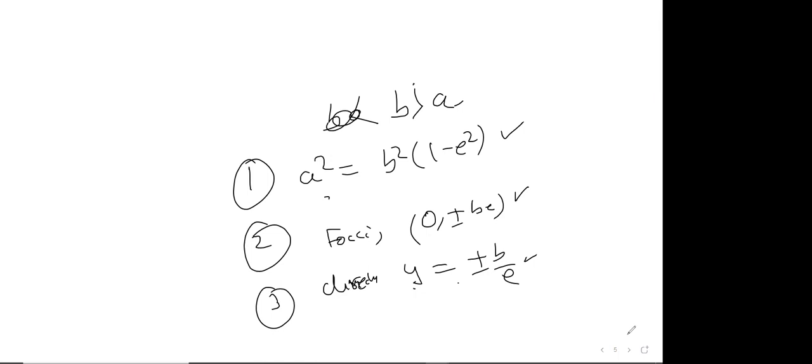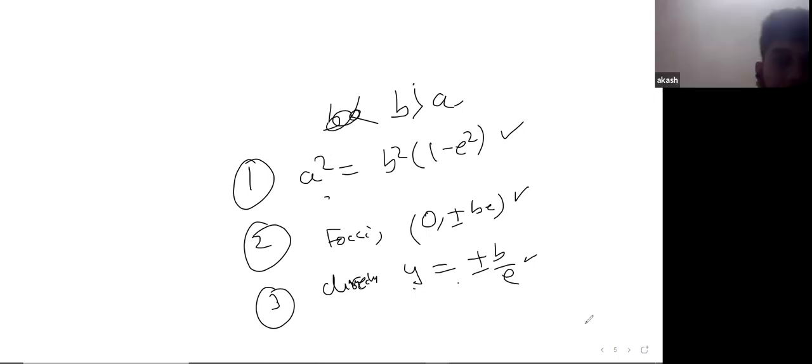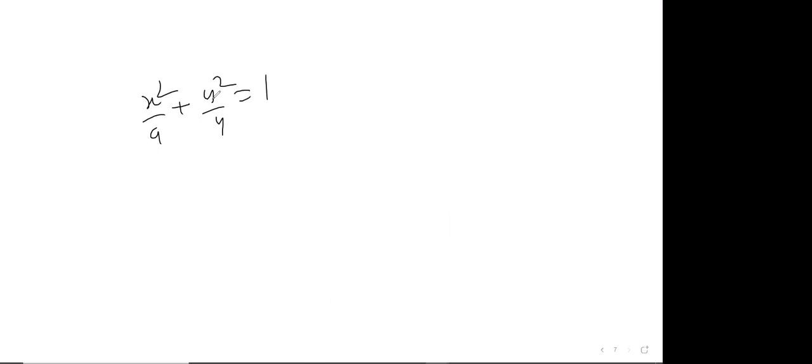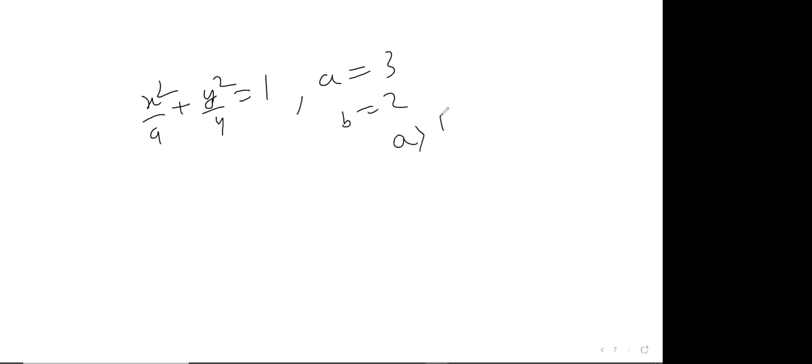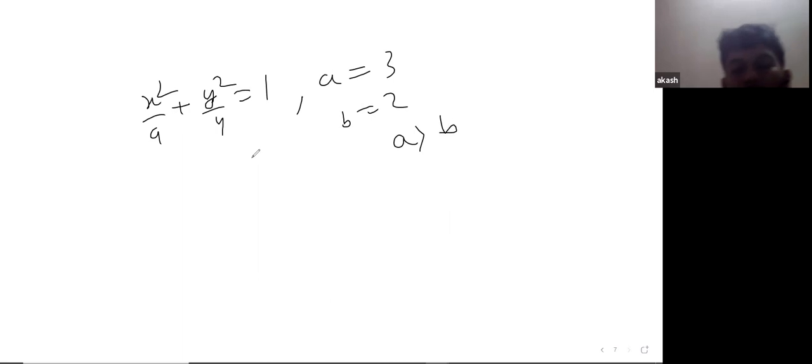Let's solve one question. You have a question: x square upon 9 plus y square upon 4 equals 1. What is the value of A here? A is 3, right? And B is 2. So A is greater than B, so we are going to use the first three formulas.